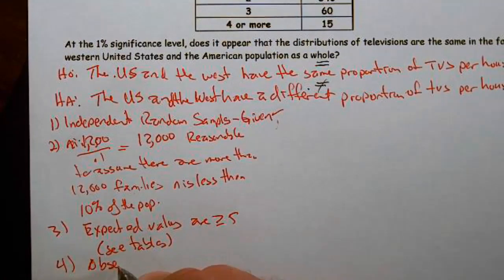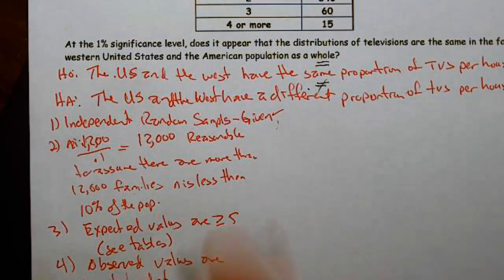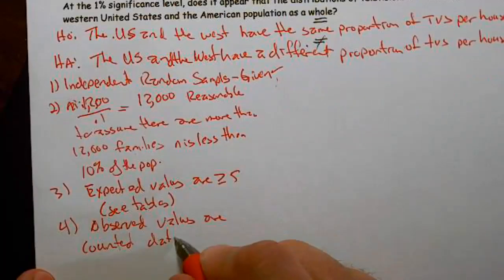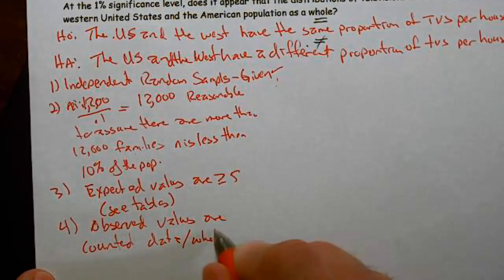Observed values are counted data. That's whole numbers.